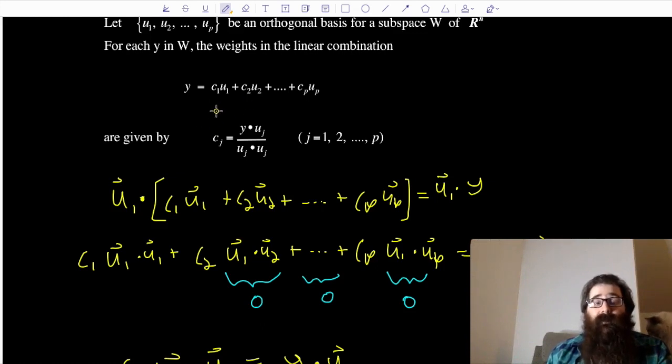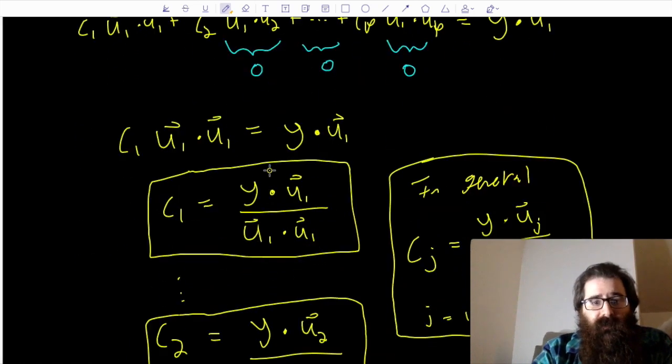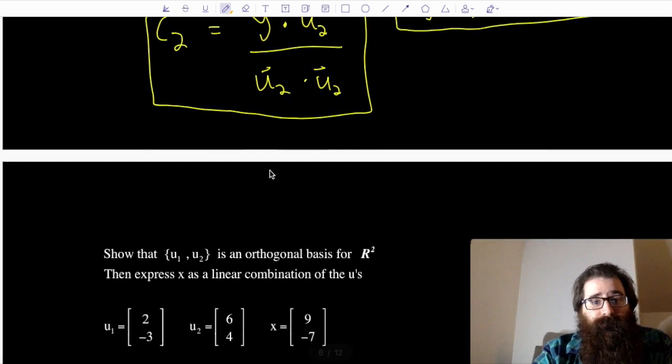And to find it, I don't have to solve for the coefficients. Well, I technically do. I don't have to solve for it in the way that they're kind of unknowns. I can solve for them right away directly with this formula involving dot products. So I do have to solve for them, but I can jump right in and tell you what they are. I can start building them. I don't have to build an augmented system and solve for them with row reduction. Is what's really nice about this.